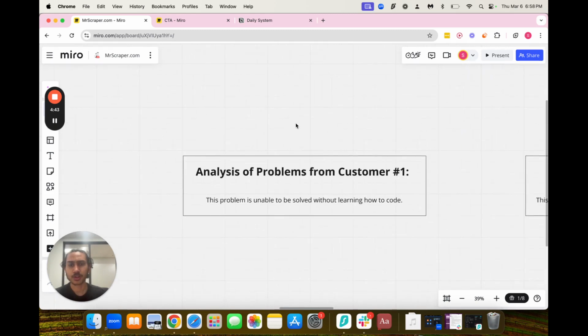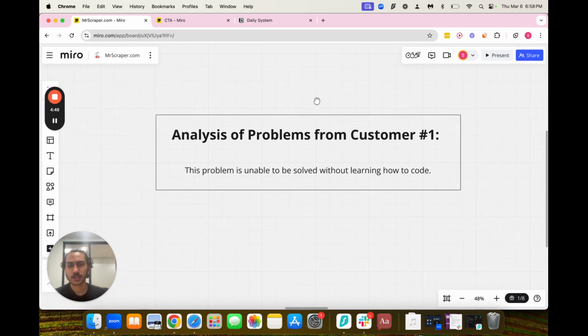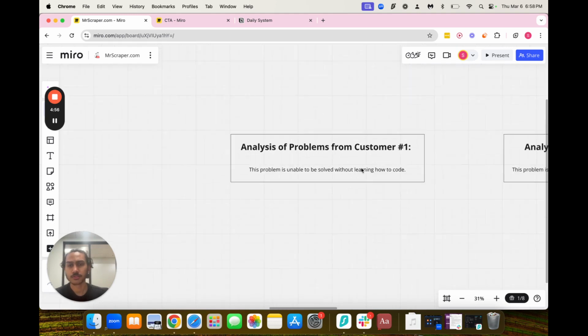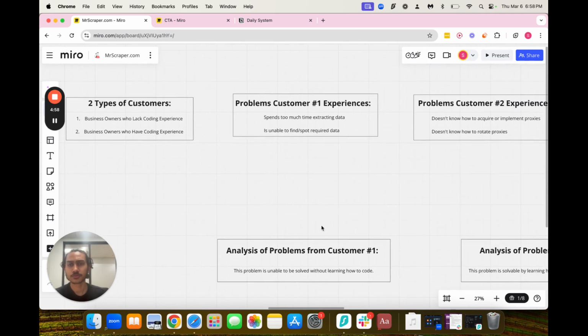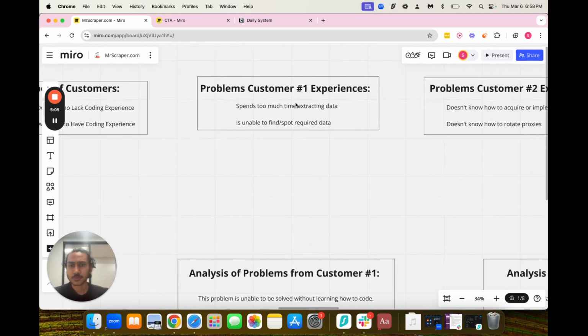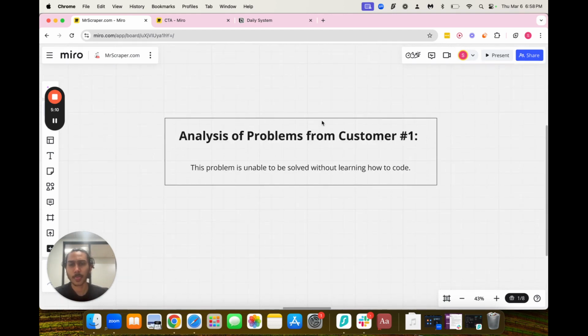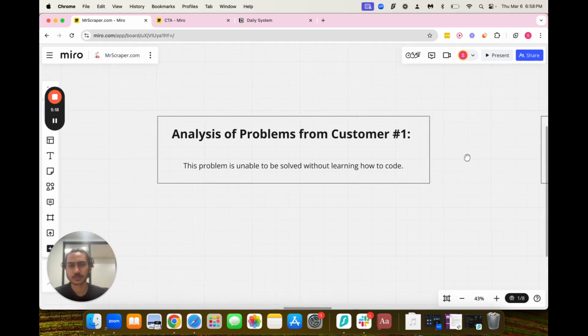Now, if we're extracting the problems from customer number one here, this problem is unable to be solved without learning how to code, right? So as customer number one, you cannot solve the problem on your own without MrScraper unless you learn how to code, essentially.